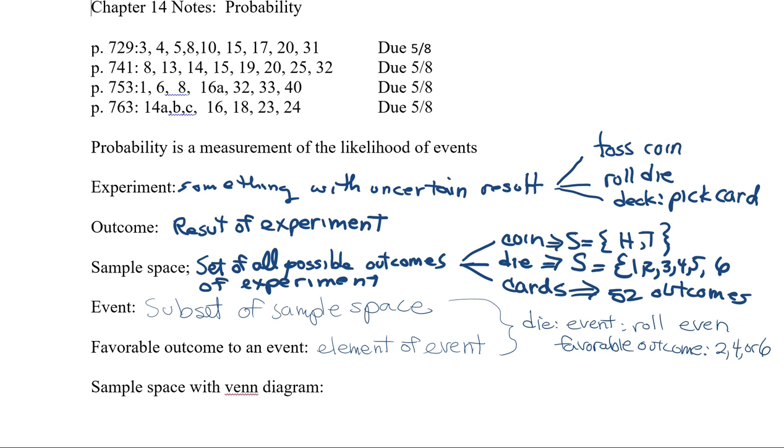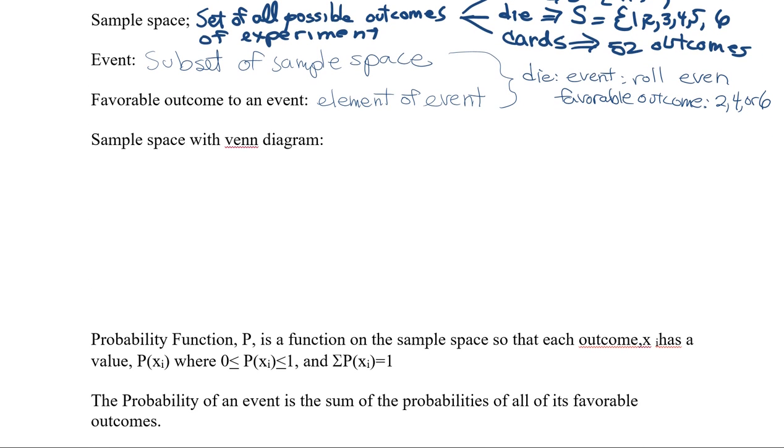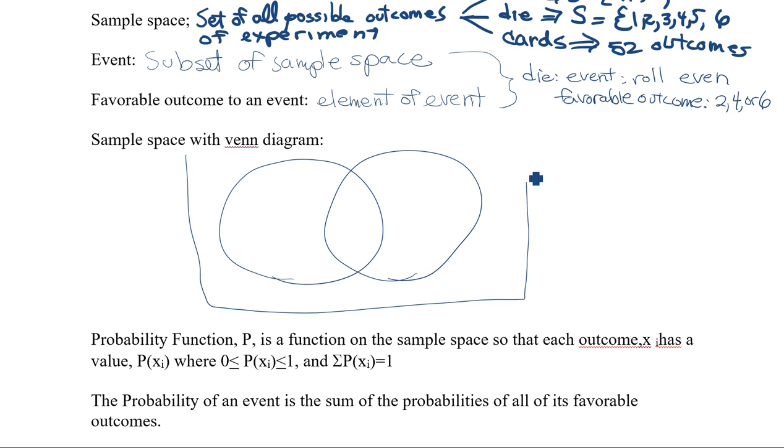Now, sometimes when we look at a sample space, it's drawn with a Venn diagram. And you might remember Venn diagrams from Math 108. I might have a class, and so my universal set would be the set of students.